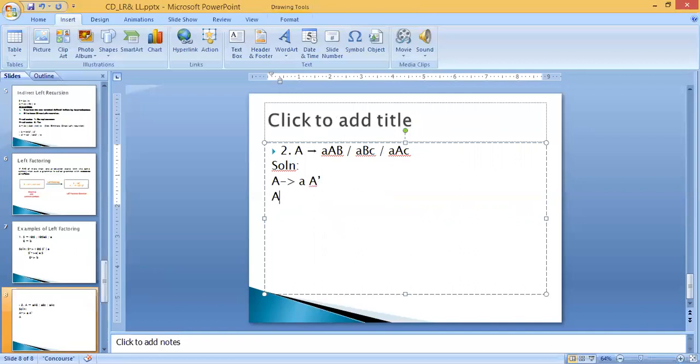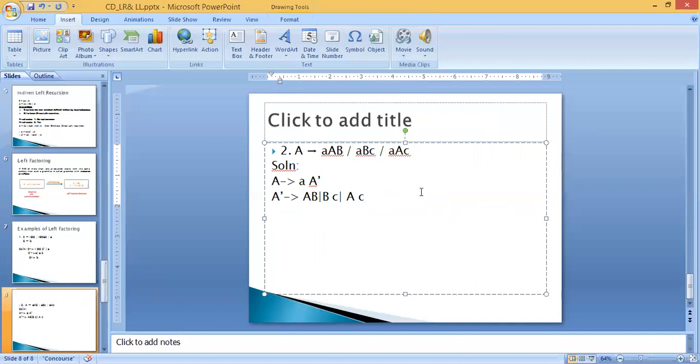Since I have introduced a new non-terminal, we should be having a definition for it. Okay, so what is to be written here? We have to write the alphas. Alphas are nothing but the attachment that was attached to the common prefixes. So we have aB over here, and then we have bC, and then we have aC.